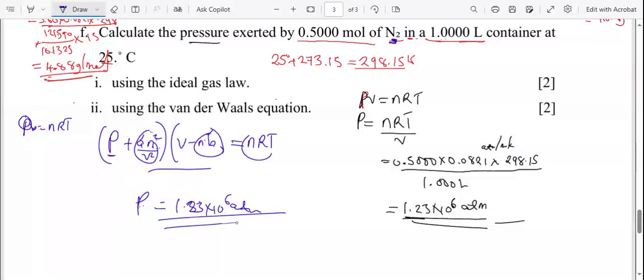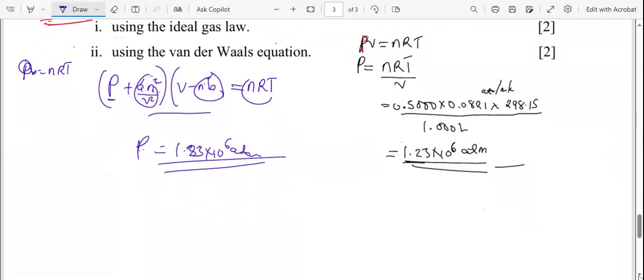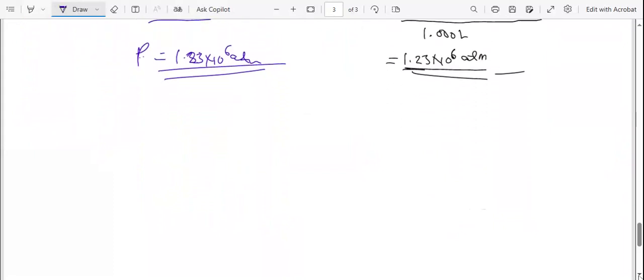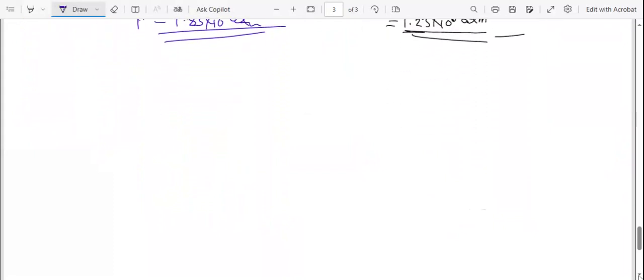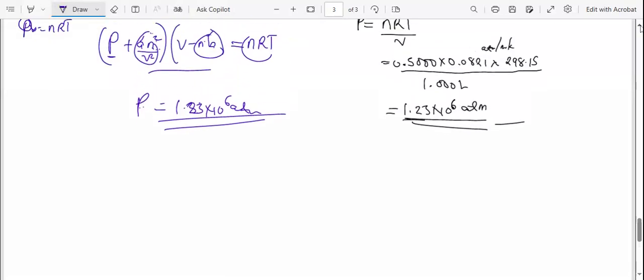So that's how simple this assignment was. I don't have the values of a and b for the gas called nitrogen.